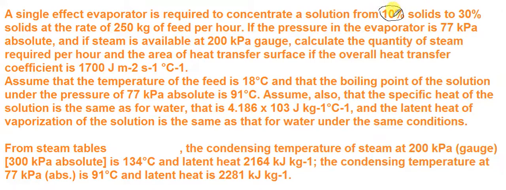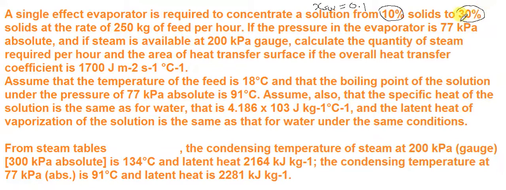That means our XSW value will be 0.1. 10% concentration of solute means a fraction of solute of 0.1, and the concentration of solids is increased from 10% to 30%.